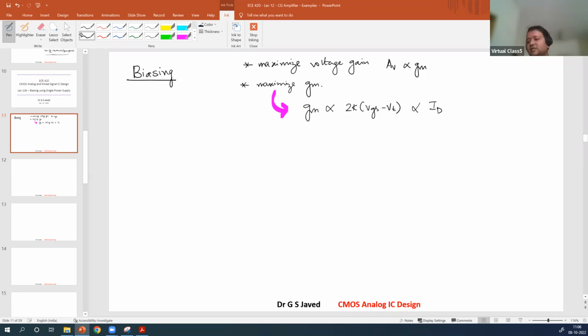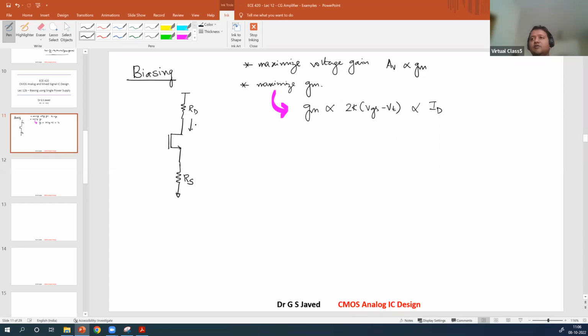So the easiest way of biasing is to give the transistor a DC path such that a voltage appears at its input or the output. So we know that these are the RD and RS, right? We are well aware.